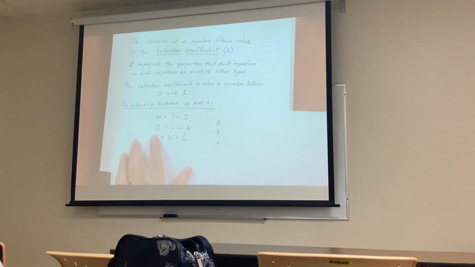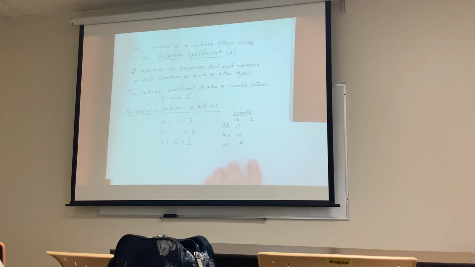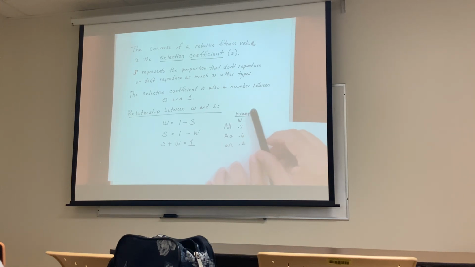So if we have 3 genotypes here, with these fitnesses, what is the selection coefficient against big A, big A? 0.8. What about big A, little a?